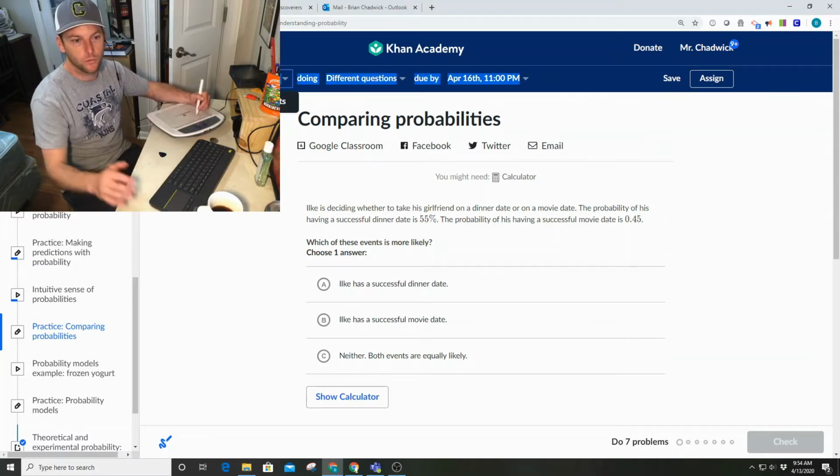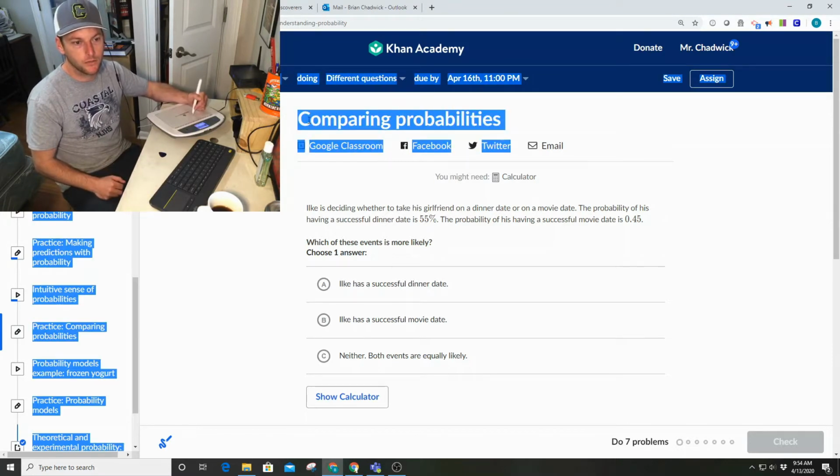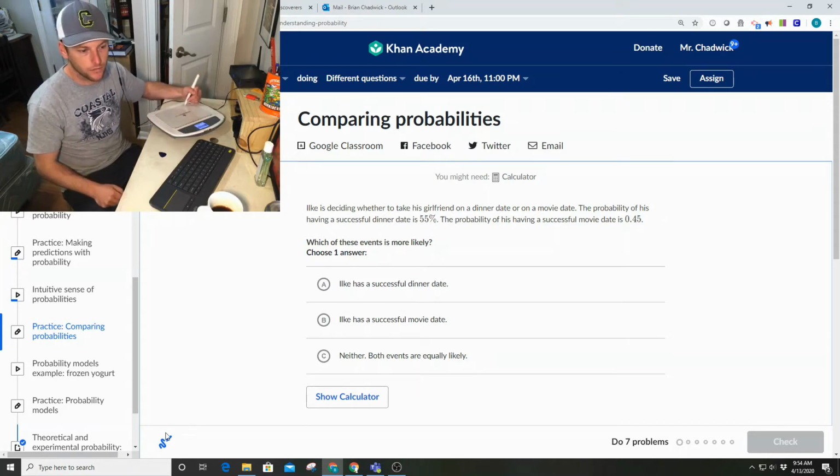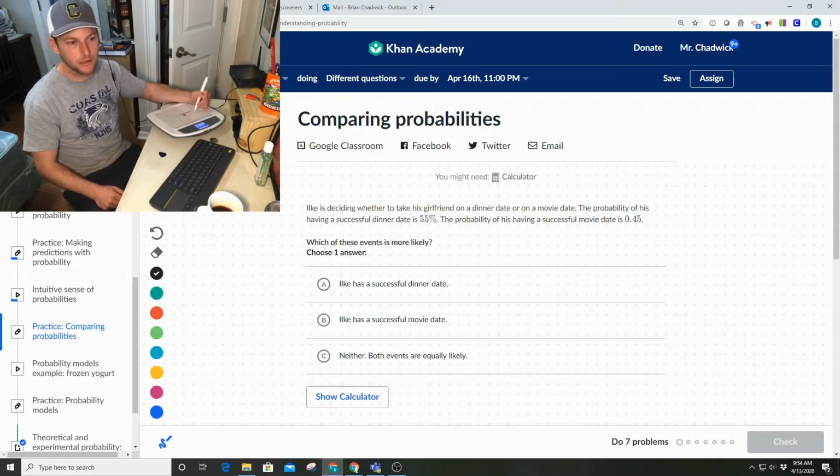Alright, so I assigned comparing probabilities for this week, and I really like this because it's kind of, alright, let's try to talk about probabilities in a real life scenario. And the first thing we really need to think about is probability on a chart here. Basically, how likely is something to happen, right? That's really all you care about.